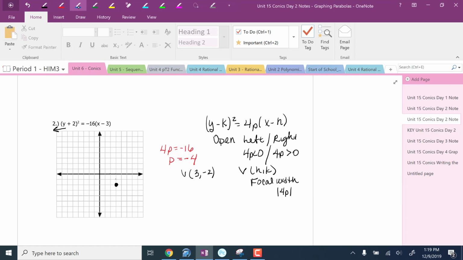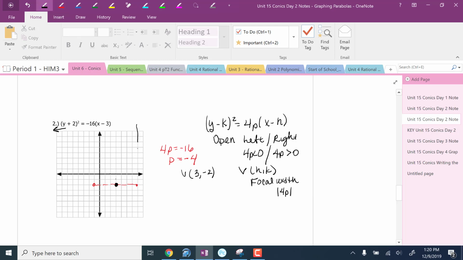If my focal width is that whole 16, that means I'm going to go 8 above and 8 below to get my other 2 points. But I think I want to go ahead and take care of this first.